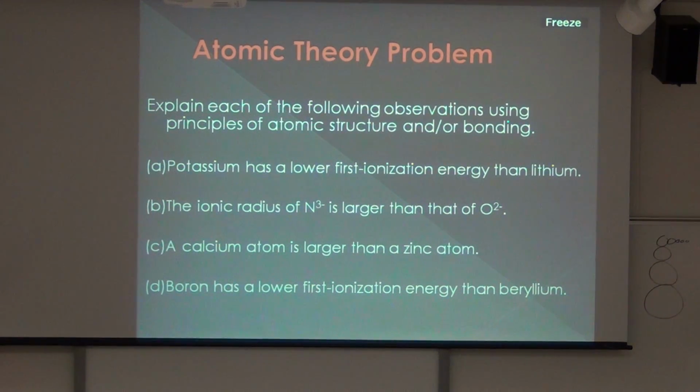The same number of electrons. Yeah, I think it's because nitrogen has 1 less proton, which the protons pull the electrons in closer. So O2 minus is easier to get. It's asking which one is larger, right? Yeah.